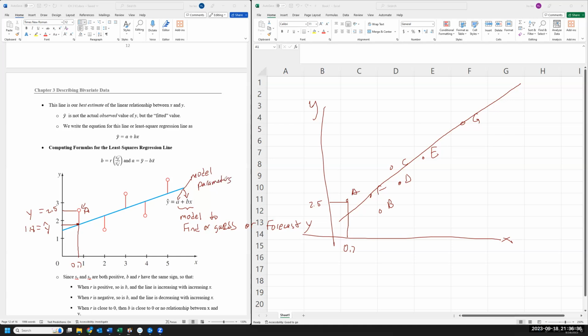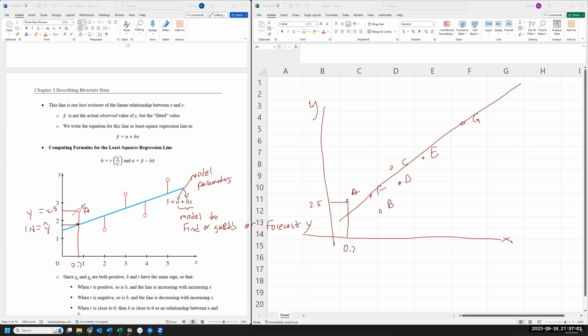Okay, we get some input x, which is our independent variable. We multiply it by b, and we add an a, and we say that's our best guess of y. So y hat is our best guess of y, basically the y that's on our trend line, and y, the true value, is right here, 2.5.